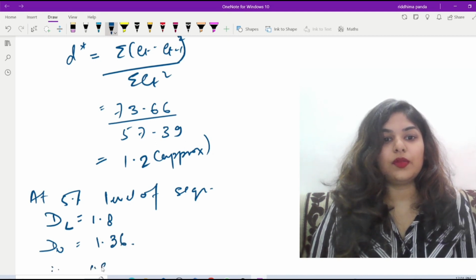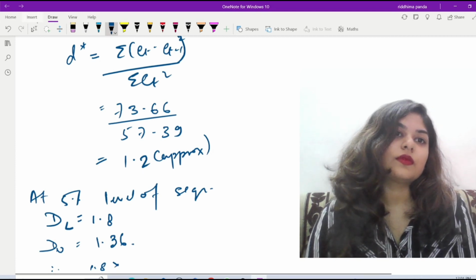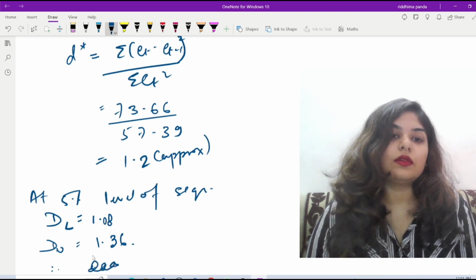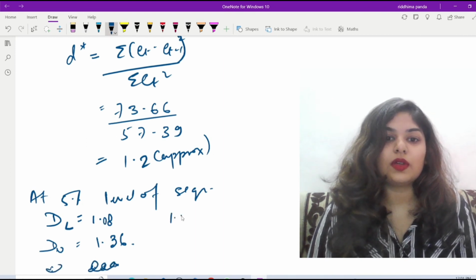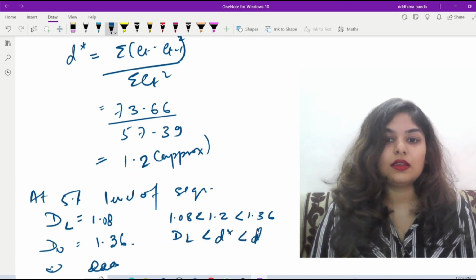Therefore the range can be written as 1.08 is less than 1.2, which is less than 1.36. That means d_L is less than d star, which is less than d_U.